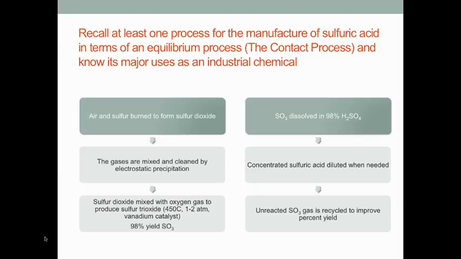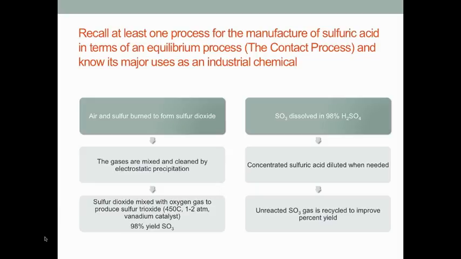And then we mix sulfur dioxide again with oxygen gas to produce sulfur trioxide at a little bit above normal pressure and at a medium temperature with a catalyst. When we mix that sulfur dioxide and oxygen gas, we get a 98% yield of sulfur trioxide.